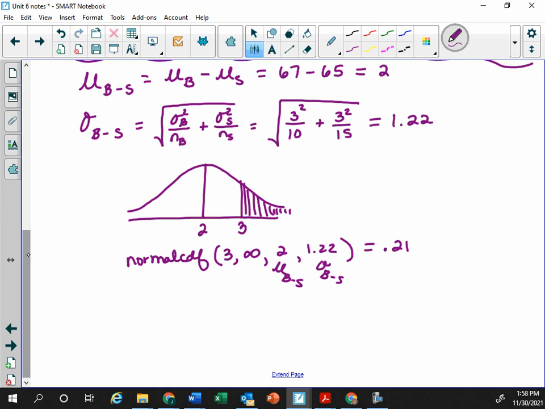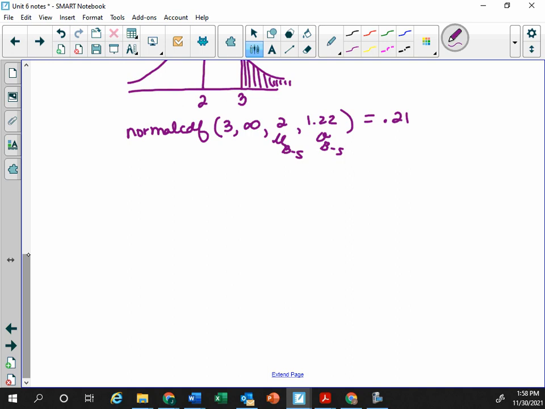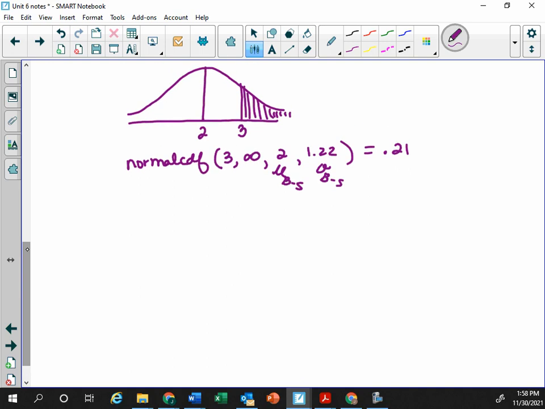Okay, so now we have to write our contextual conclusion, actually answering the question they asked. What this 0.21 is telling you is how likely it is for this to happen.